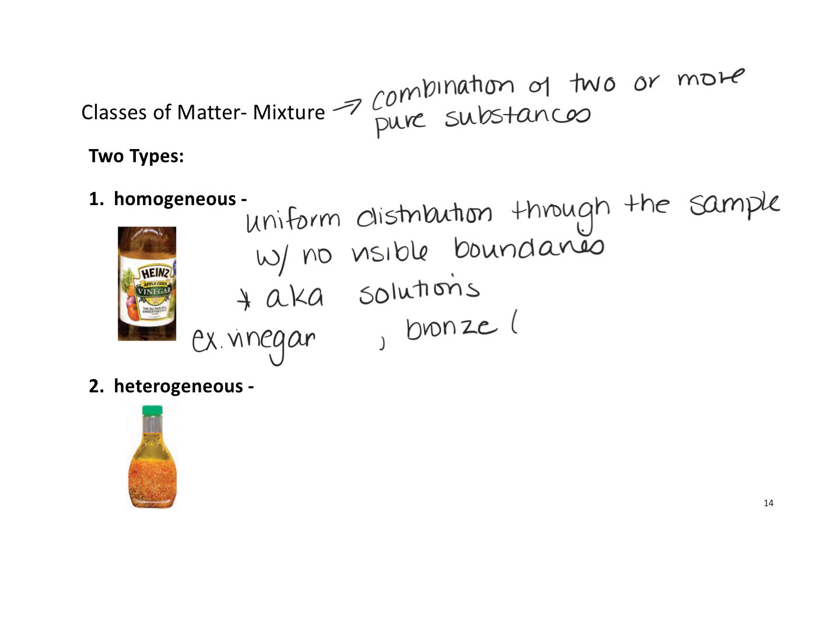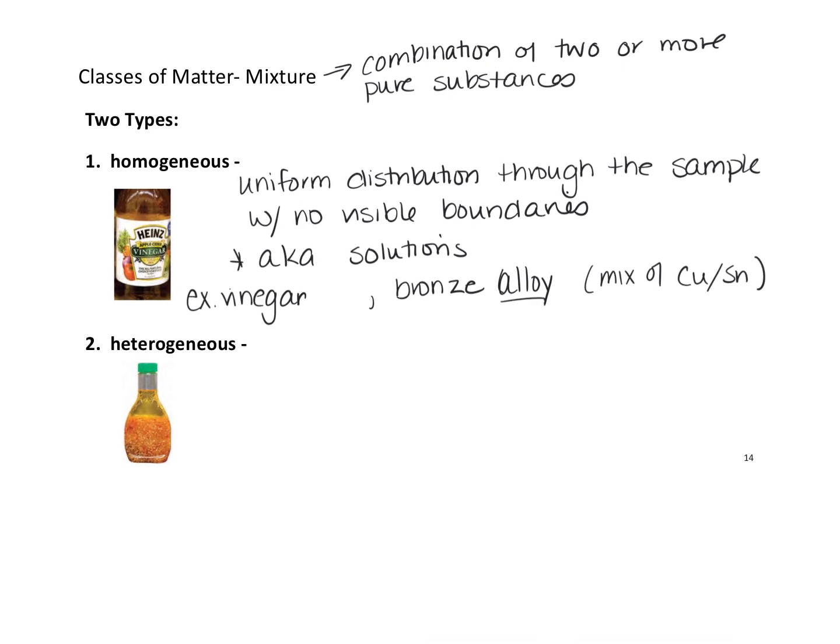For example, bronze is what we call an alloy, and that is a mixture of copper and tin. If you see the word alloy, that generally means you've got a mixture and it's homogeneous. That's one of the ways that we describe metals.